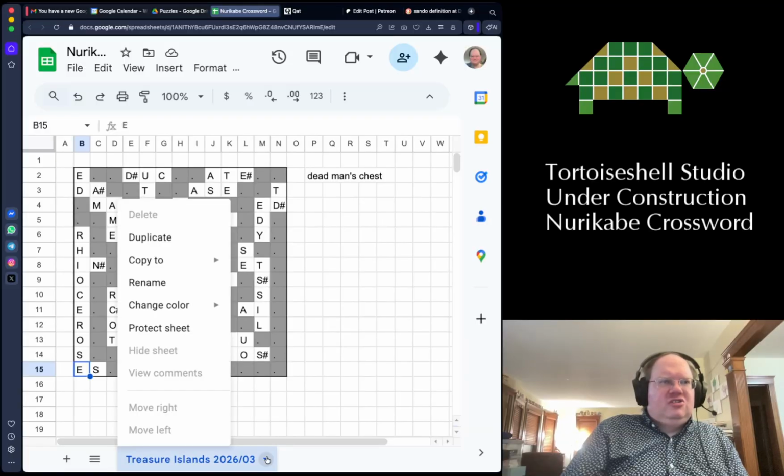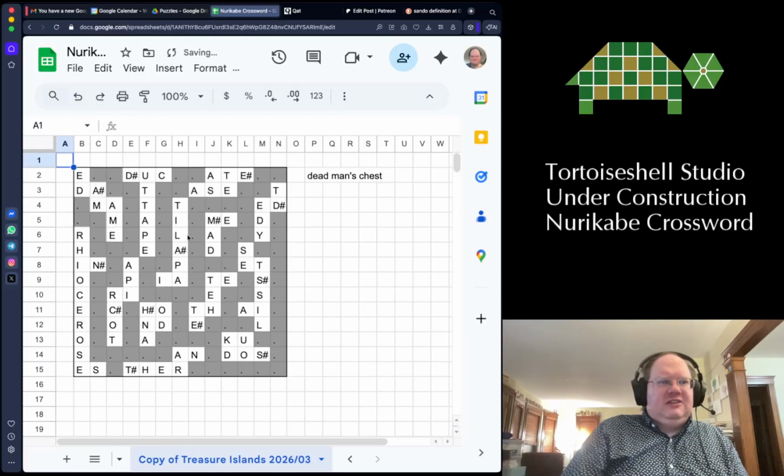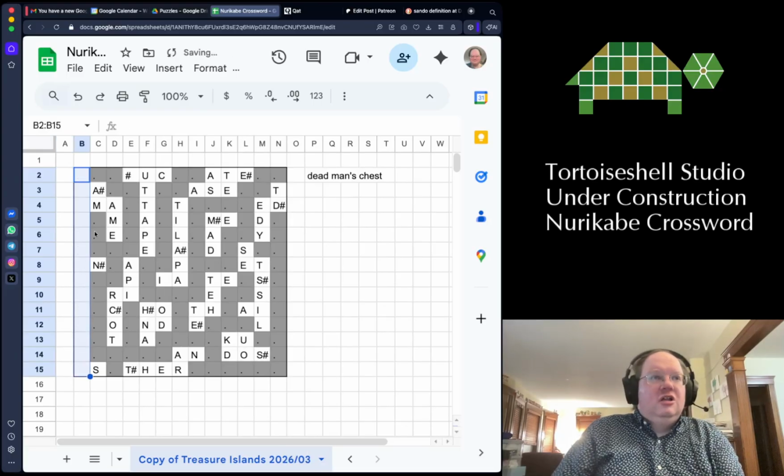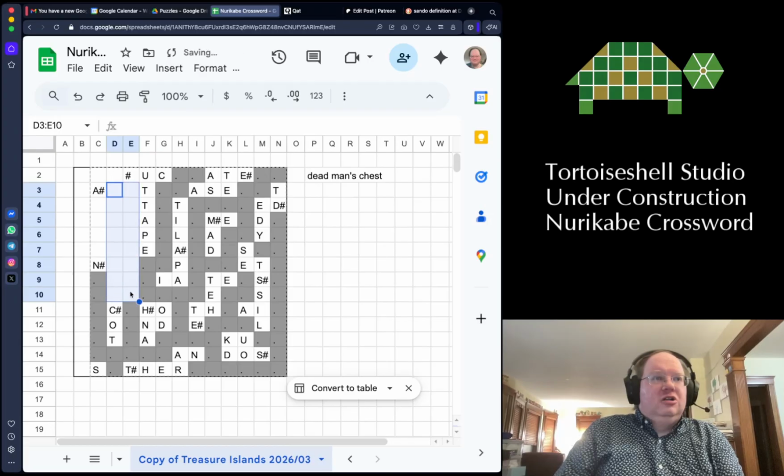Now I want to duplicate this, and we're going to put in star. So we're going to take everything out except for the places where the numbers will go.